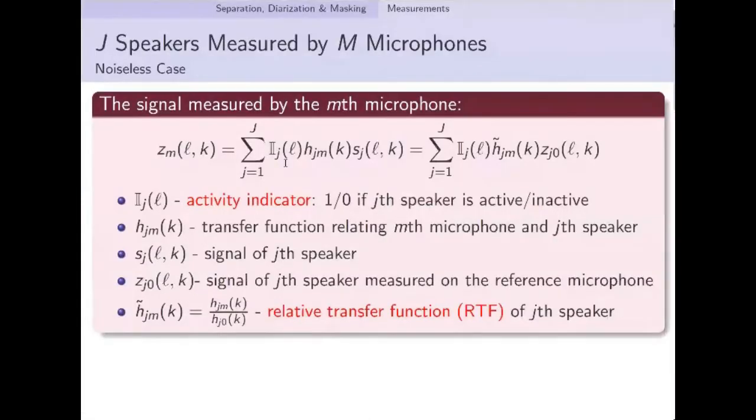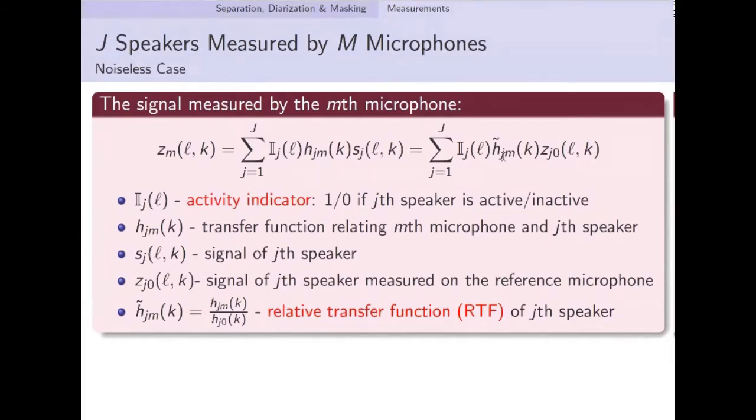And we already saw that we can recast this problem into the problem of using the relative transfer function, where the reference microphone serves as the input. We talked about the relative transfer function before, and I will mention it later again, but the main issue here is that the relative transfer function relates two measured signals.